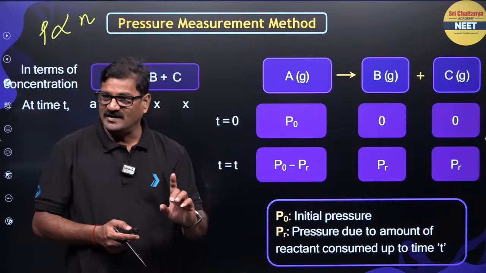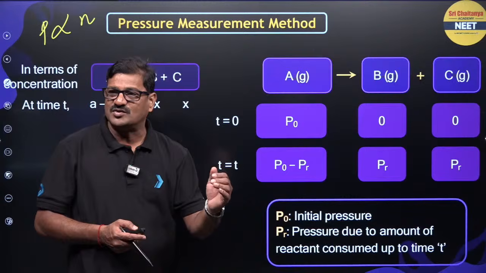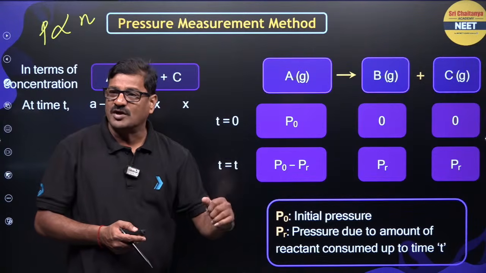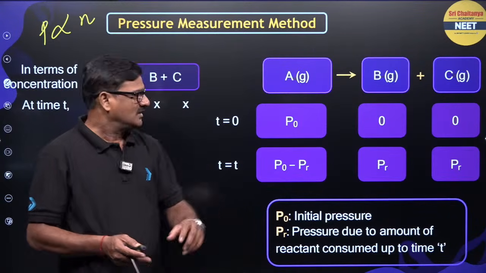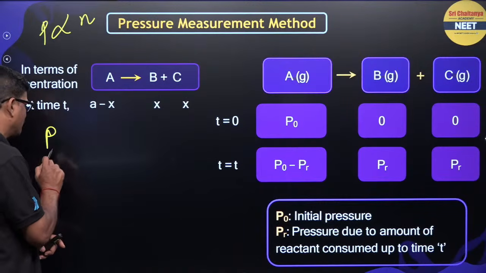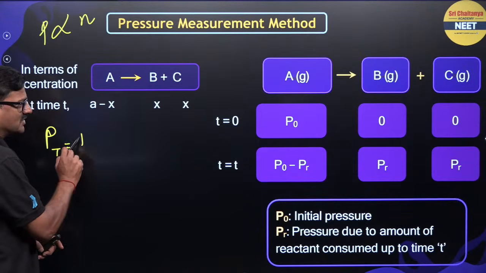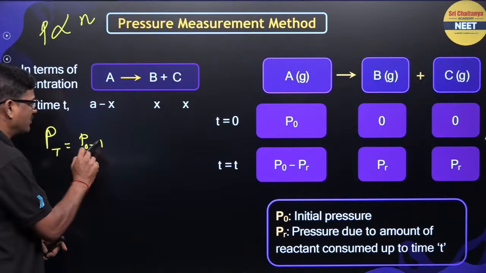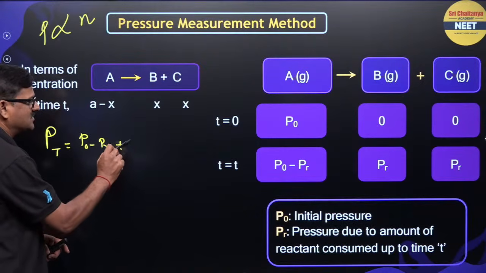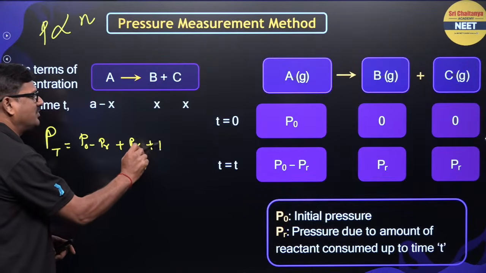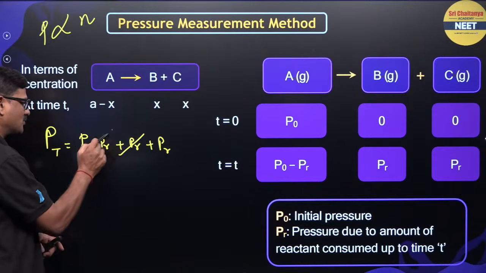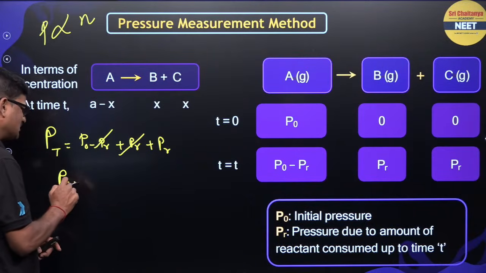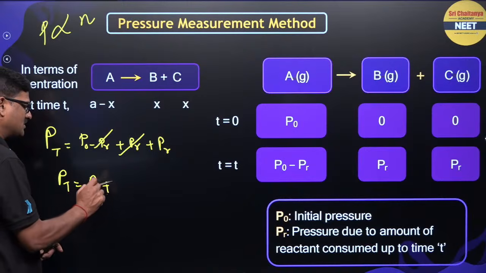P naught is the initial pressure, PR is the pressure due to the amount of reactant consumed up to time T. So, the total pressure according to Dalton's law will be P naught minus PR plus PR plus PR. So, we can say PT is equal to P naught plus PR.